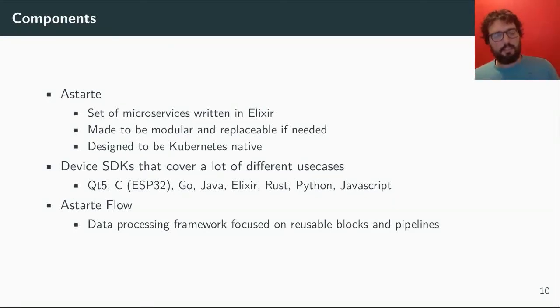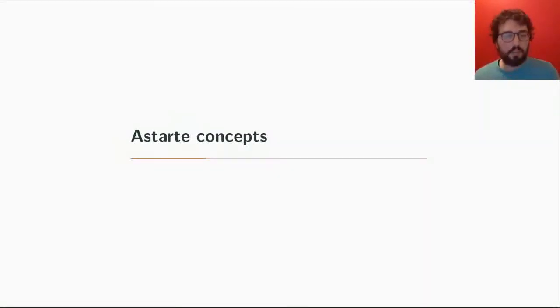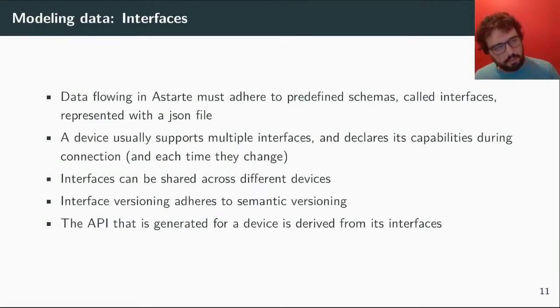And then there is Astarte Flow, which is a separate project from the Astarte microservices, and it's a data processing framework focused on reusable blocks and pipelines. So let me introduce some of the Astarte concepts which can be useful to understand what we are doing inside of Astarte.